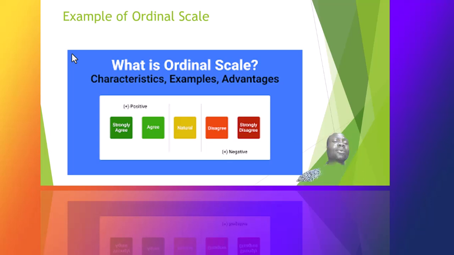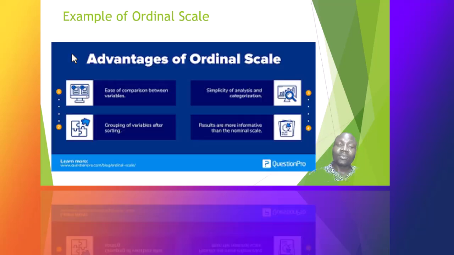We can't know whether agree is greater than disagree, or strongly agree is greater than agree by so and so mark, or the difference between neutral and disagree. That is the feature.